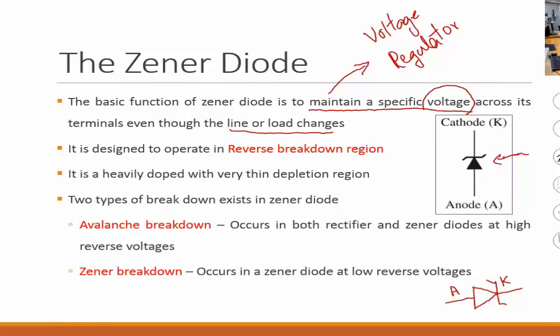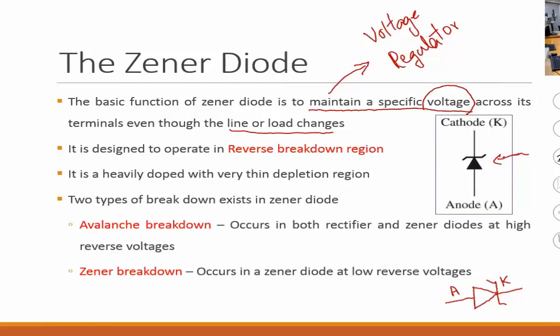For example, if you require a 5 volt voltage regulator, then you have one specific type of Zener diode. If you require 100 volts on the Zener, then you have a specific type of Zener. So the main application is that it can be used as a voltage regulator.